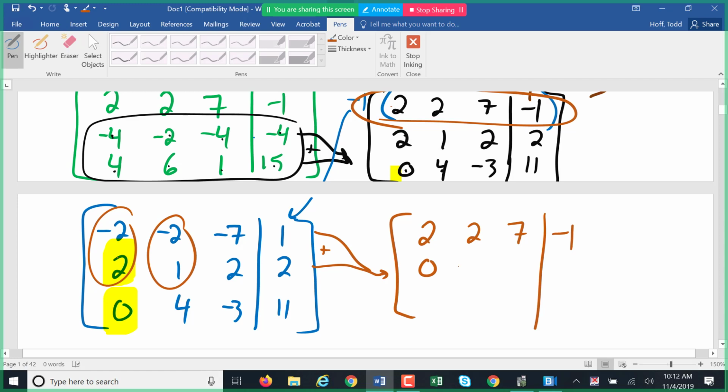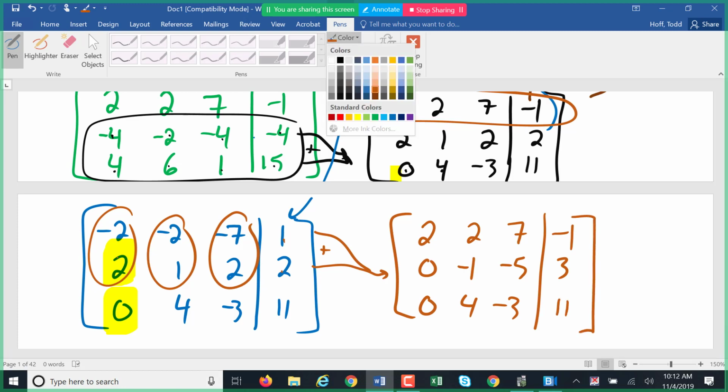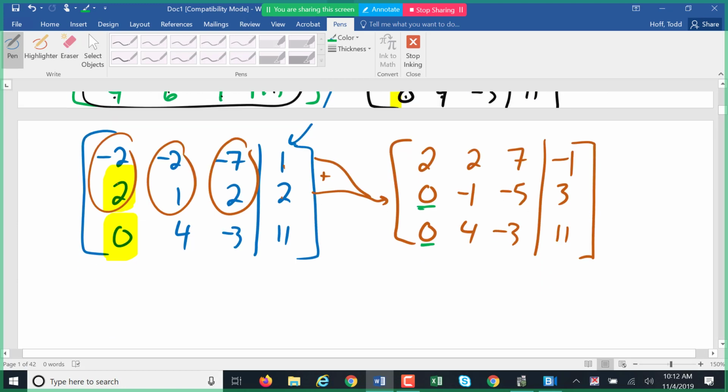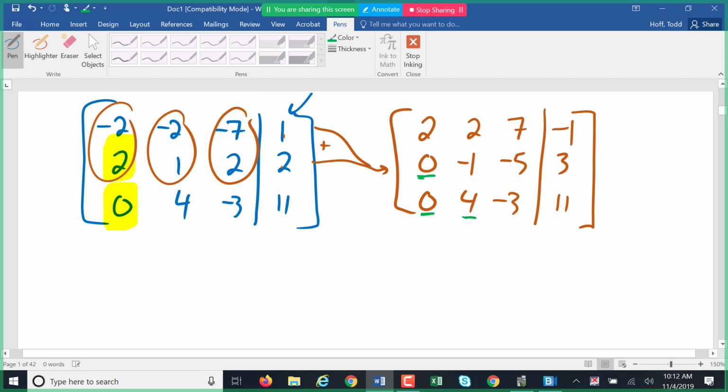Negative 2 plus 1 is negative 1. Negative 7 plus 2 is negative 5. And 1 plus 2 is 3. The bottom row has not changed. So now I've got zeros in both of these spots. So now I can use those two equations to try to get a 0 here.